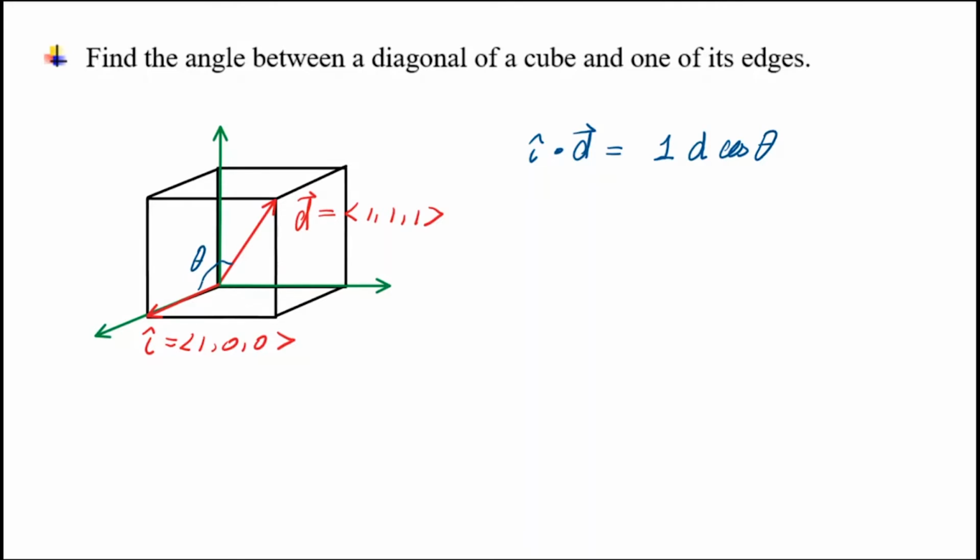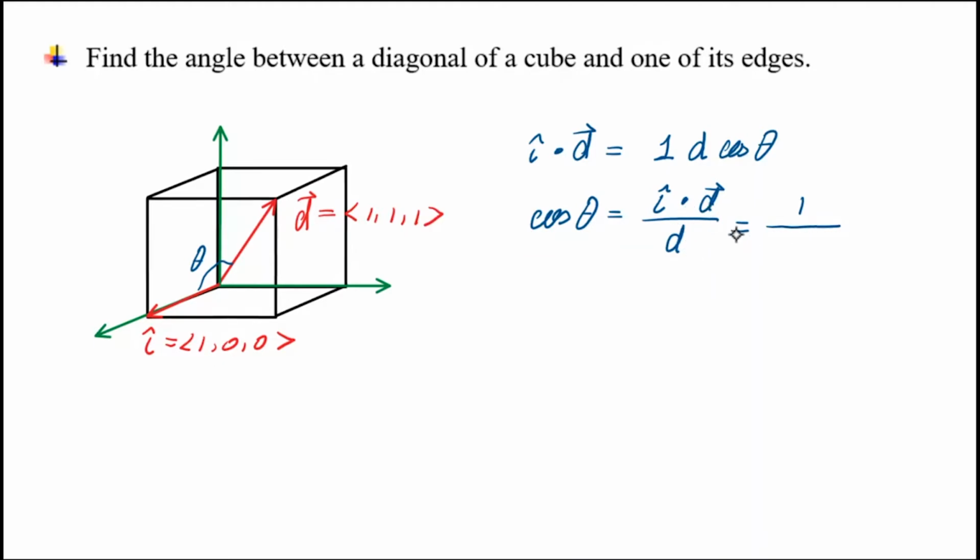Good. So our cosine of theta is equal to i dot D over the length of D. You get it? Okay. Tell me what i dot D is. There are the vectors. 1. Useless kids. Okay.